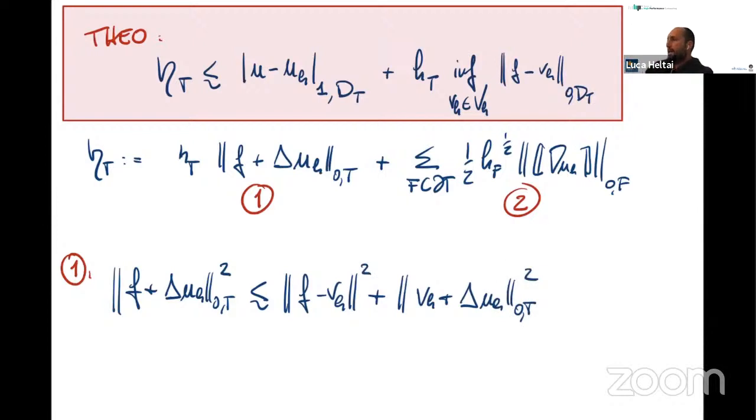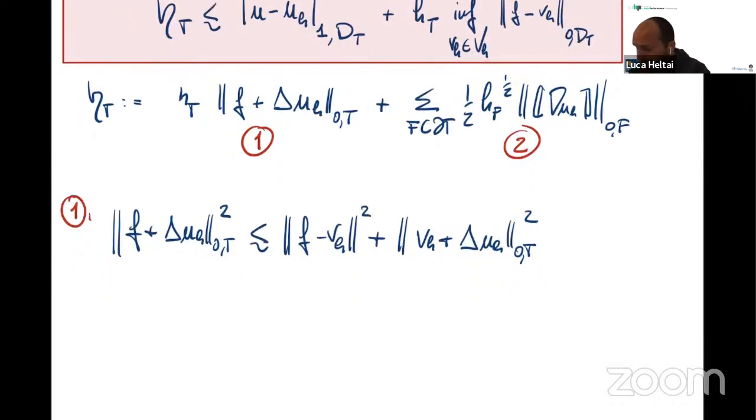Okay, and I'm simply using triangle inequality for this. Oh, actually, sorry. Without the squares, if I want to use triangle inequality.